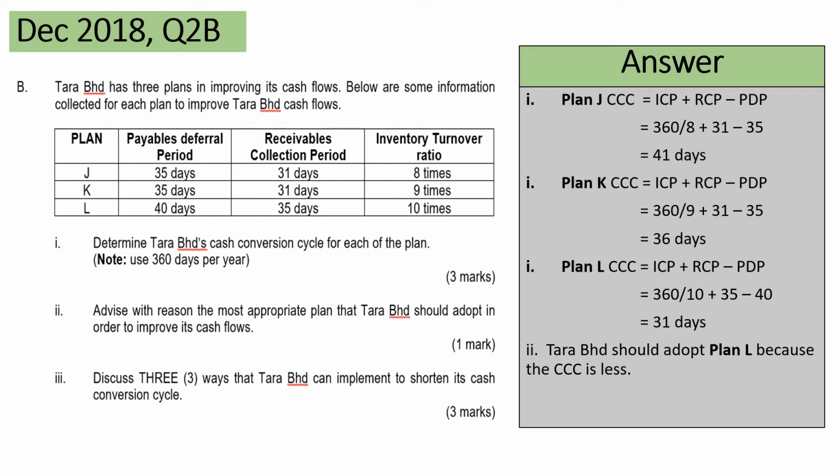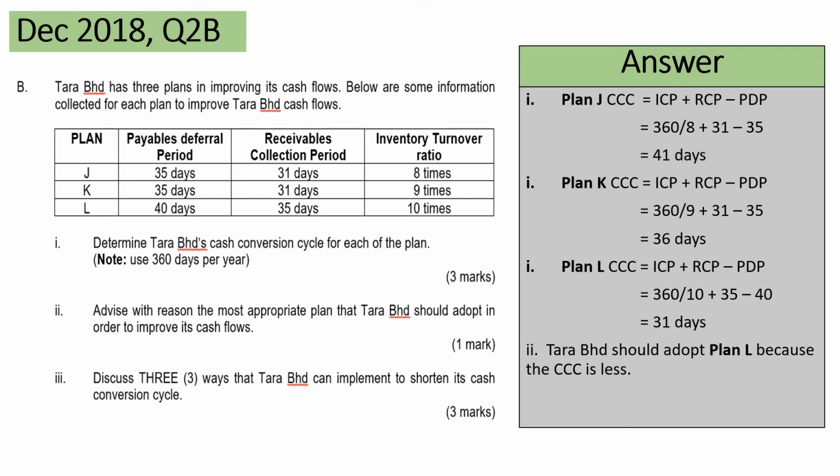You look at this table, the inventory turnover ratio is given, not the inventory conversion period. So you will have to do calculations for the inventory conversion period, the ICP, based on this information given, that is the inventory turnover ratio.